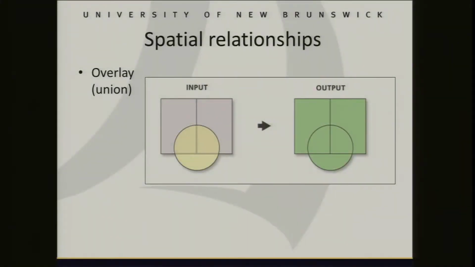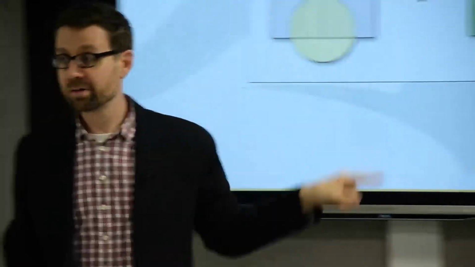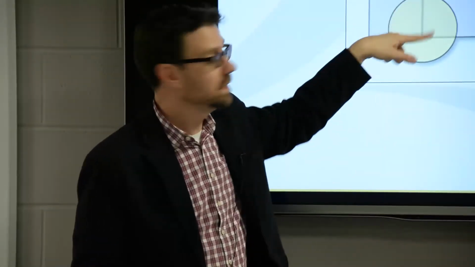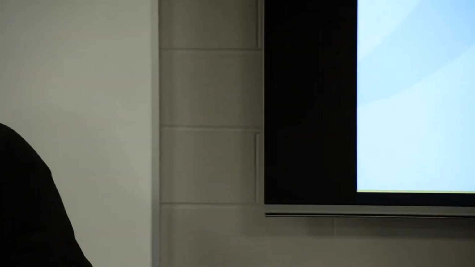Overlay, we can then combine these two features so that we can not only combine them spatially, so we have the spatial extents of this square, these rectangles, and this circle, but we also get the associated attributes, right? So this is A, B, and C, right?